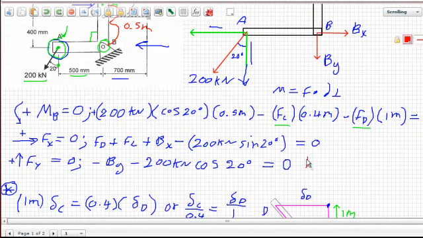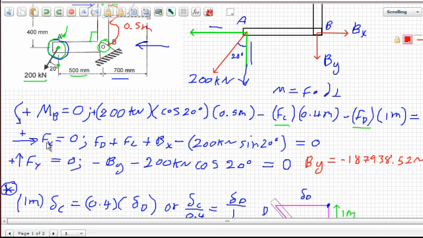So once you solve for By, you should get By to equal minus 187938.52 newtons.